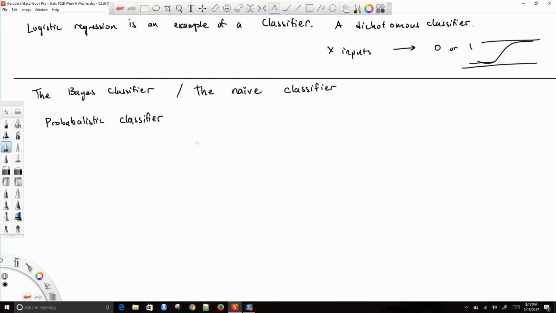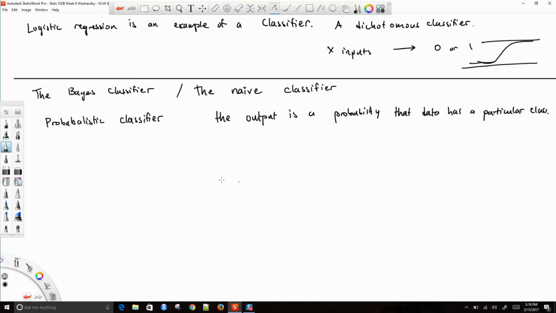And actually, the neural network, well, technically not a probabilistic one, well, okay. So for probabilistic classifiers, the output is a probability that the data has a particular class.